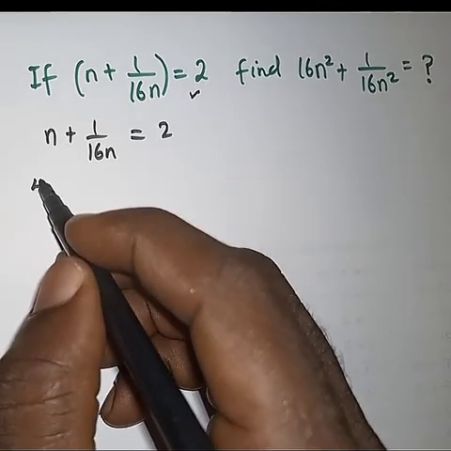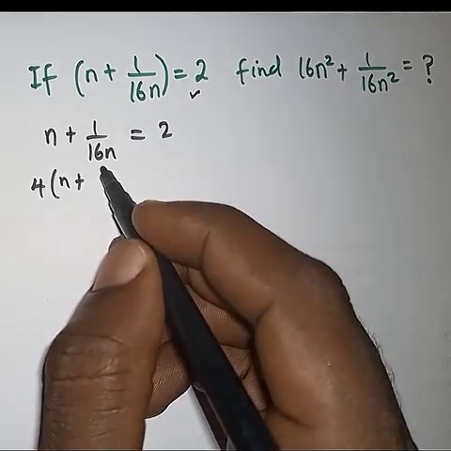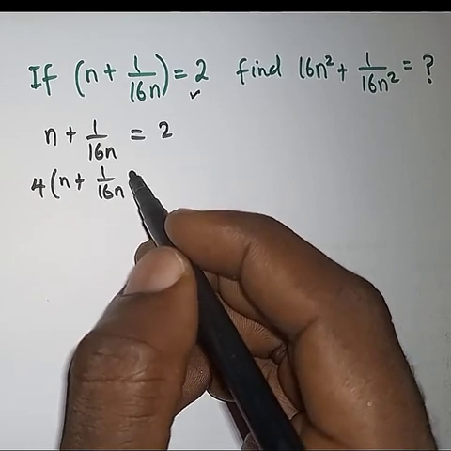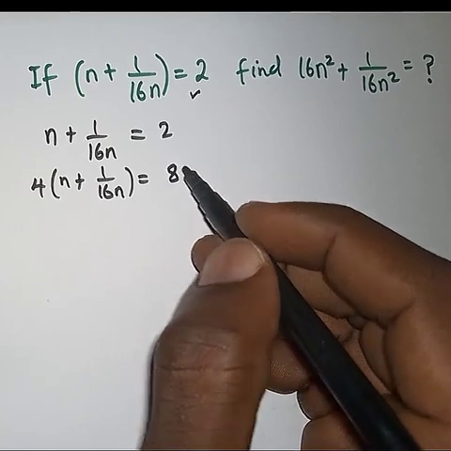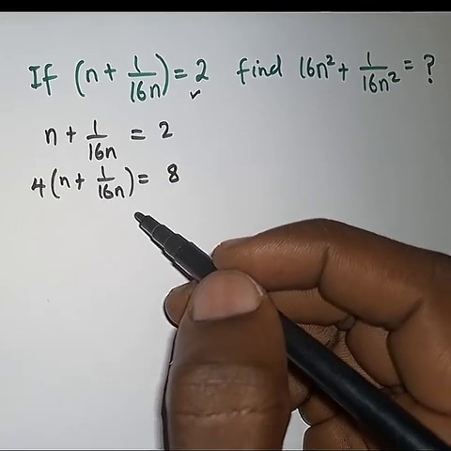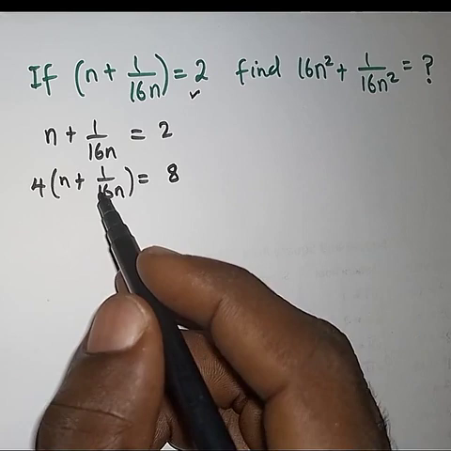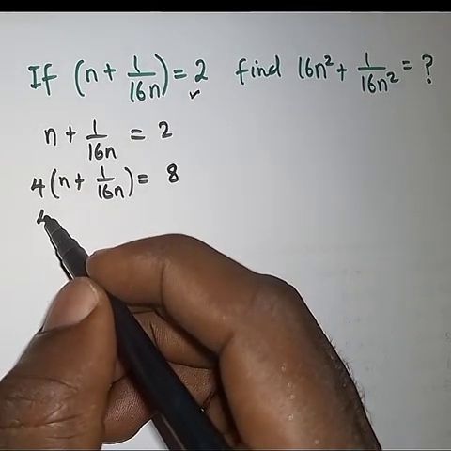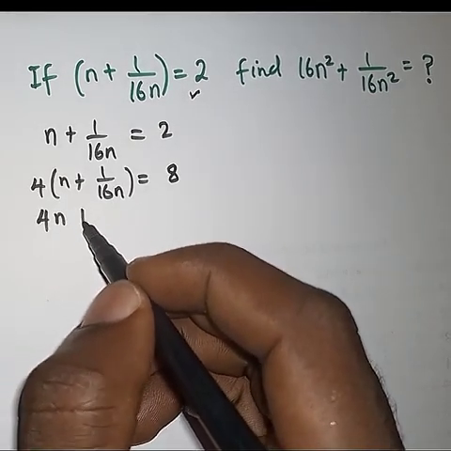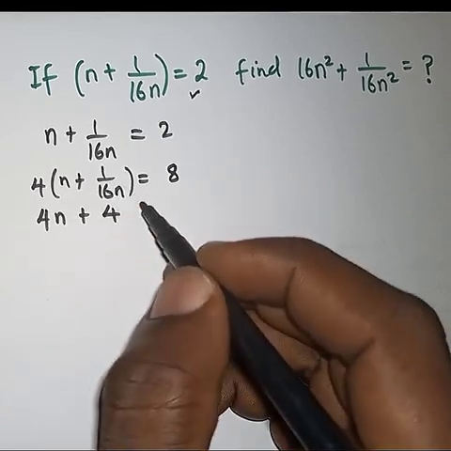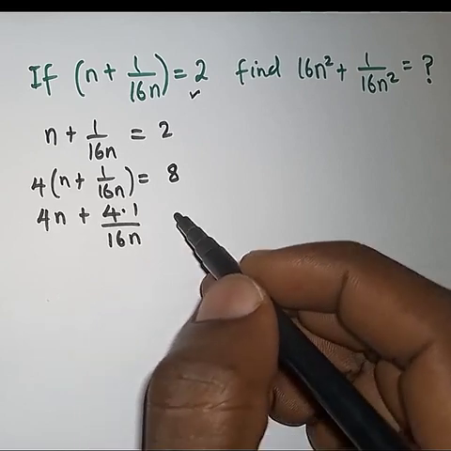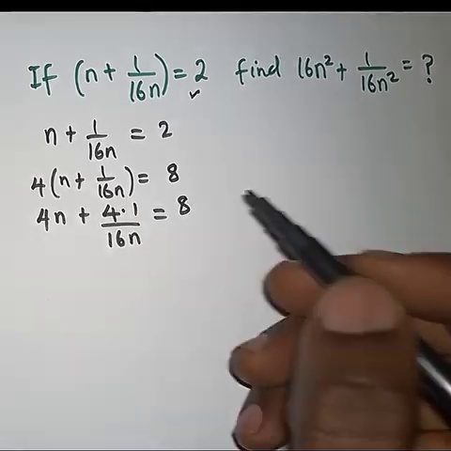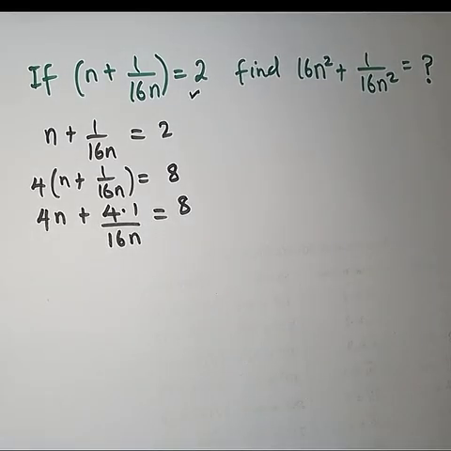This is going to be 4 into bracket n plus 1 over 16n equals 2 times 4, which gives me 8, right? So now from here I open the bracket. 4 times n, we have 4n, plus 4 times 1 over 16n equals 8.